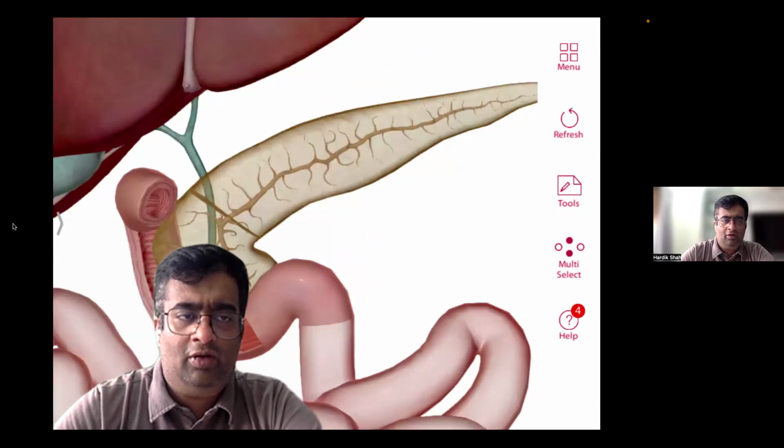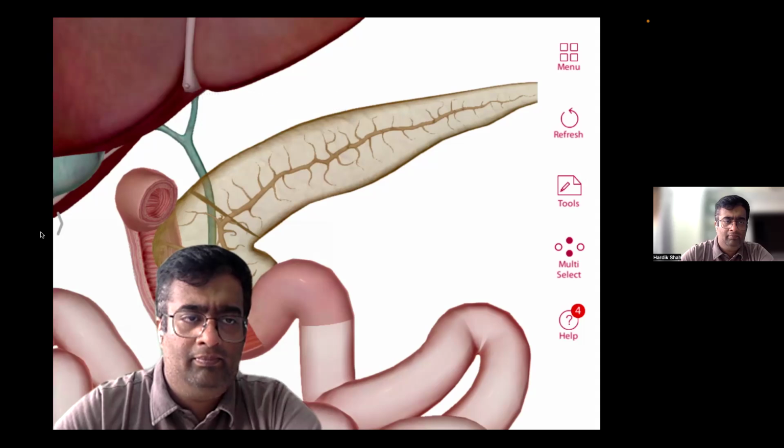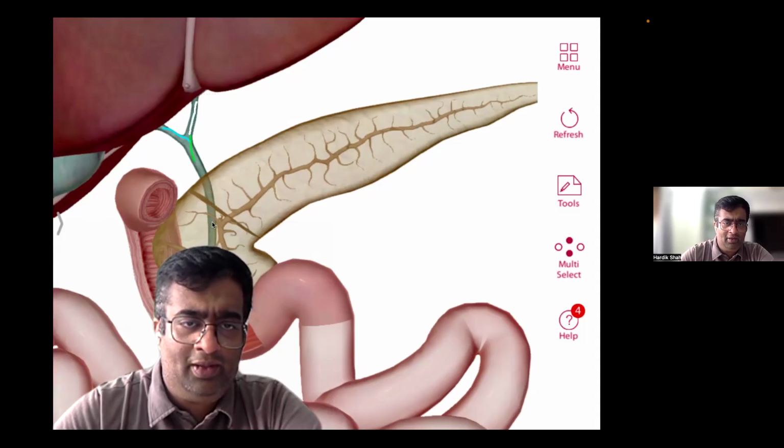So you can just follow my annotation. This white colored part is the common hepatic duct coming from the liver. Then this blue colored part is the cystic duct coming from the gallbladder. And then the two ducts combine together to form this common bile duct, which will open into the duodenum.